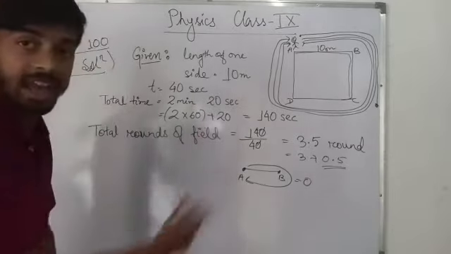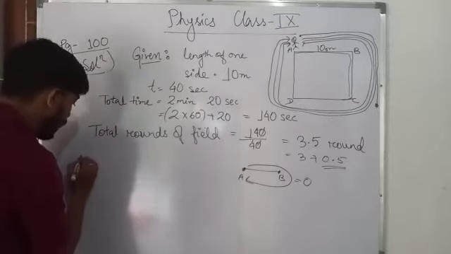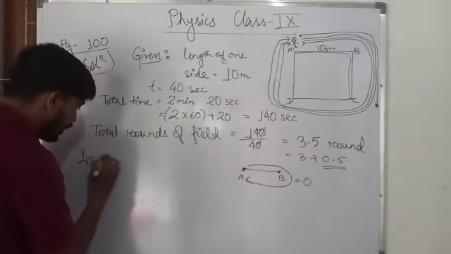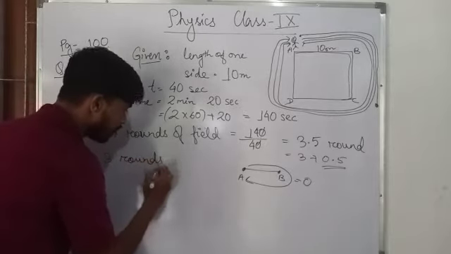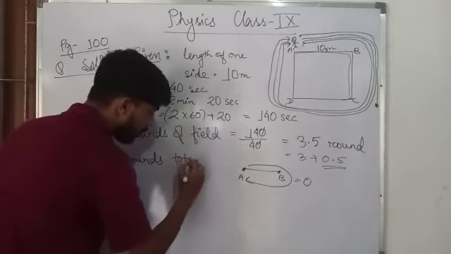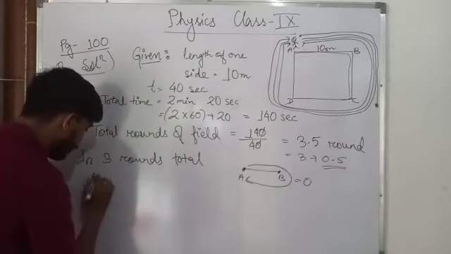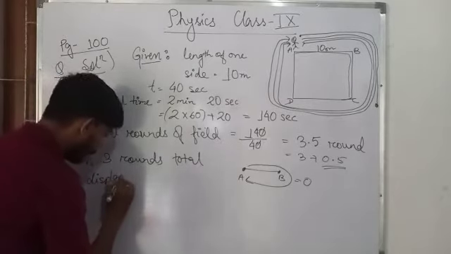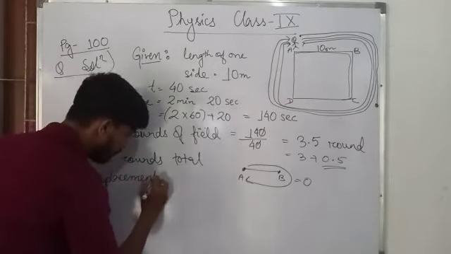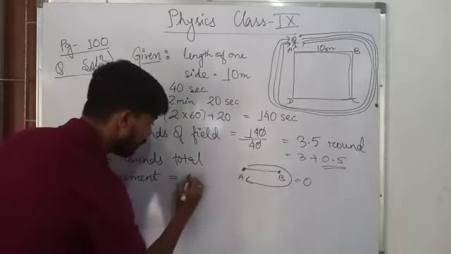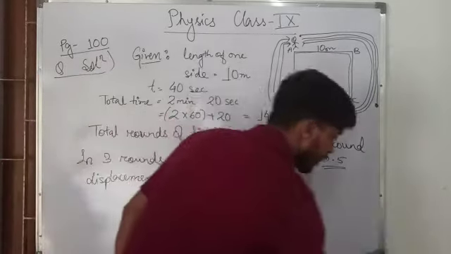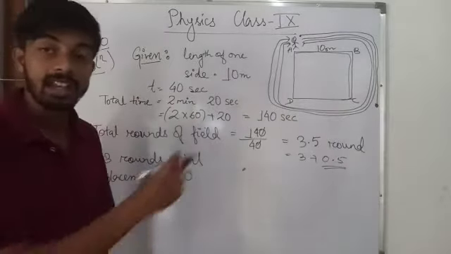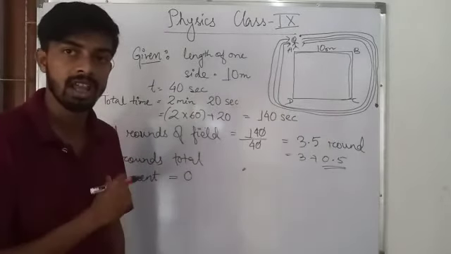So here likewise, in the 3 rounds, total displacement will be 0, because the farmer is starting from A and coming back to A in total 3 rounds.